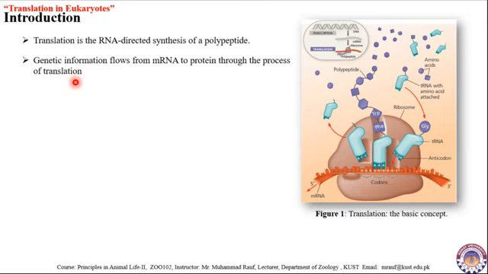So translation is a process in which the information encoded in messenger RNA is used for the synthesis of a polypeptide chain, and this information in messenger RNA was originally copied to messenger RNA from the DNA through the process of transcription.